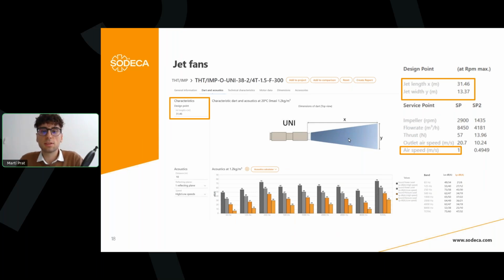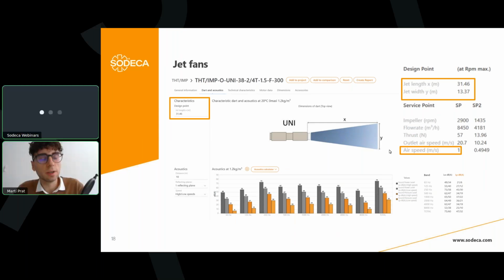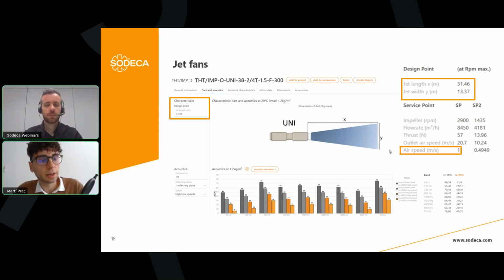This air velocity is being reduced by the distance. When this air speed gets to 1 meter per second, it is said that it has not enough airspeed to keep pushing the volume of air. So we say that this is the X distance.